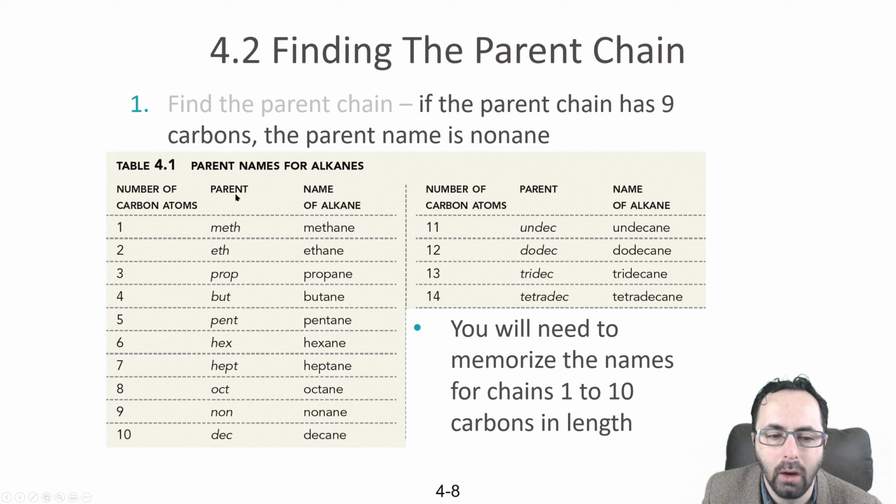I'm going to require you to memorize the names for chains 1 through 10 carbons in length, so up to decane. The hardest ones to memorize, the hardest prefixes, are meth, eth, prop, and but, because these don't correspond to anything you might have seen before, really. They're unique to this naming system, or they're at least not commonly used.